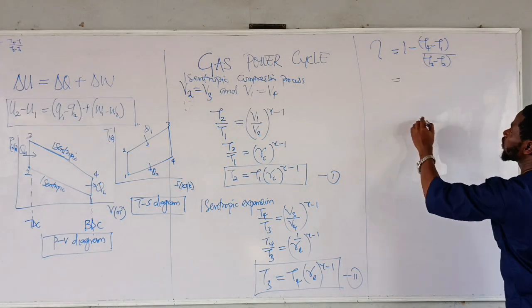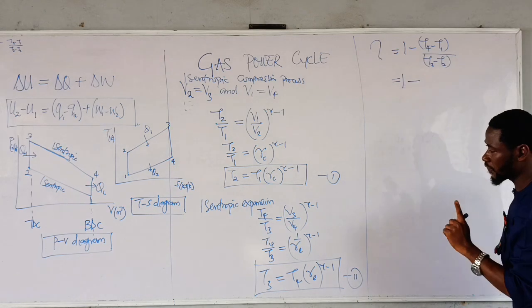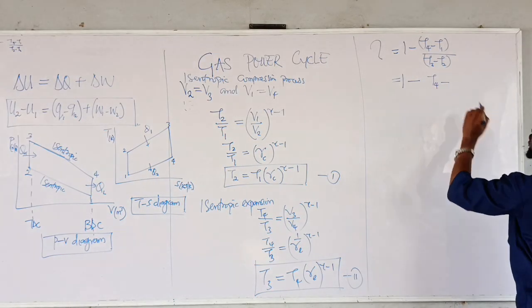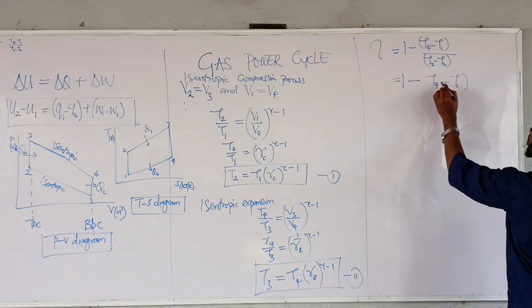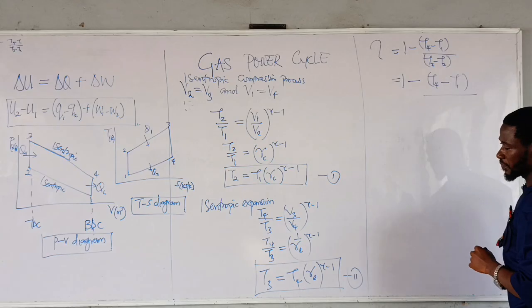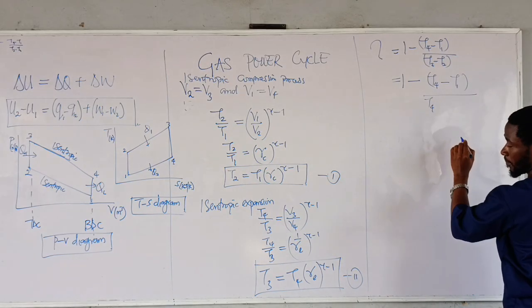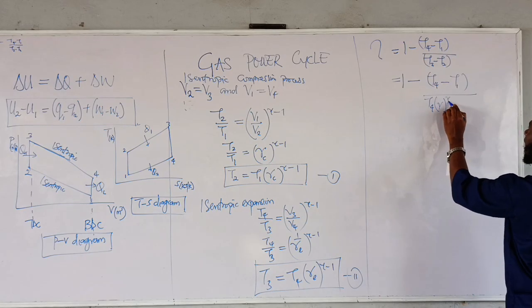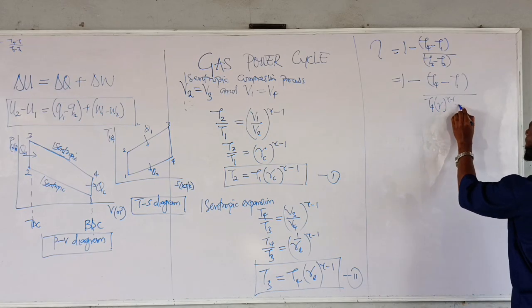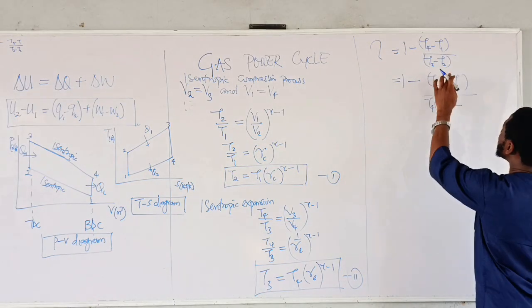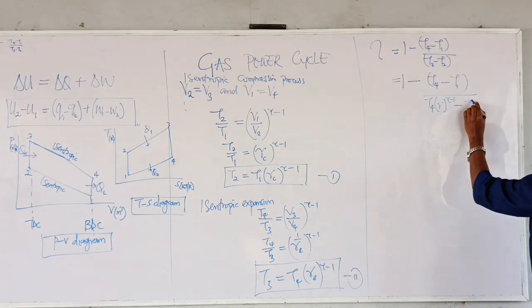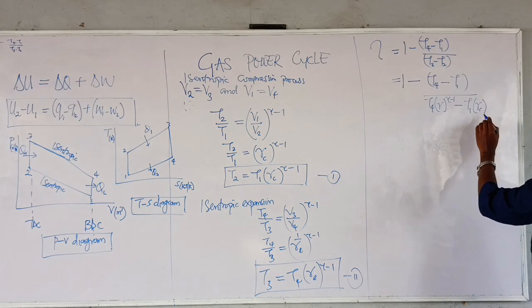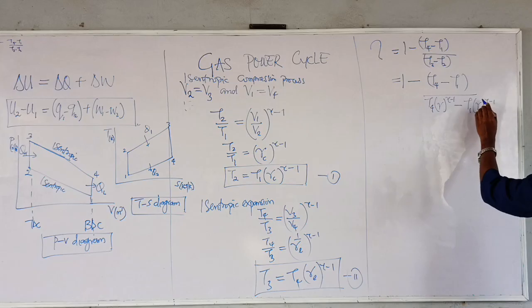So now, let's substitute this. 1 minus T4 minus T1, divided by T3, which is T4 into bracket the expansion ratio raised to the power of gamma minus 1, minus T2, which is T1 into the compression ratio raised to the power of gamma minus 1.